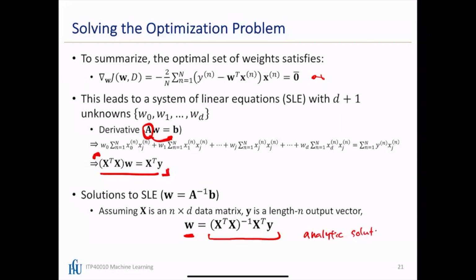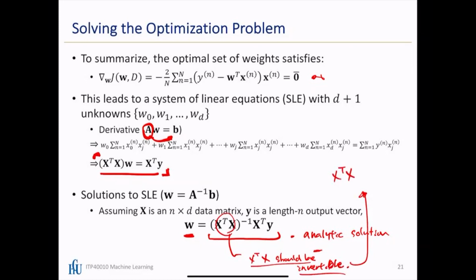And there is a condition when this multiplication works. This should be invertible. That means the matrix X transpose X should be full rank, that means each column of this matrix is independent of each other.